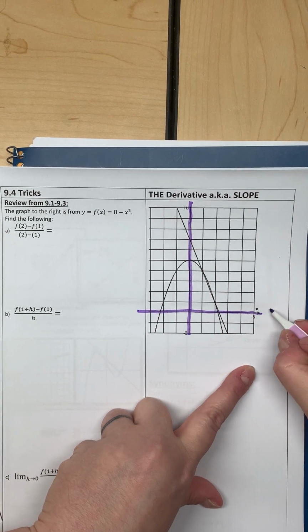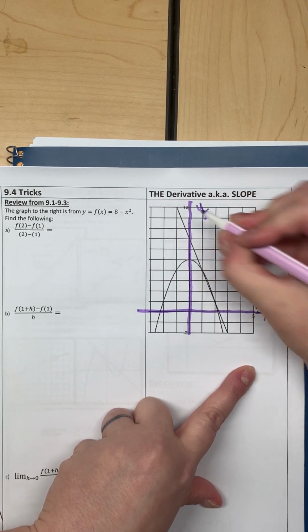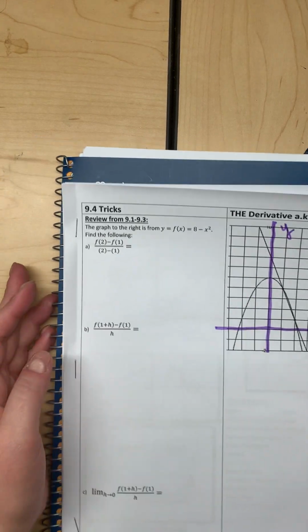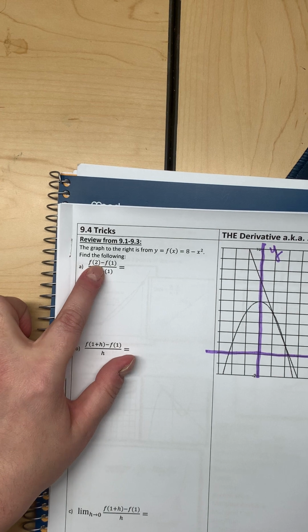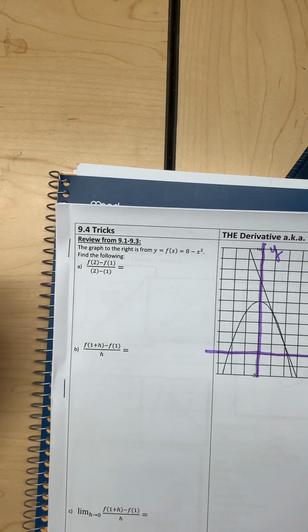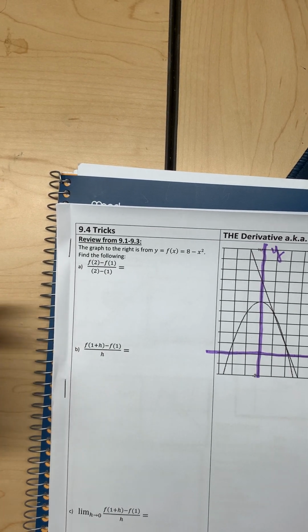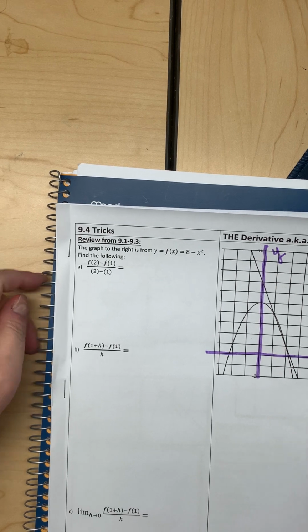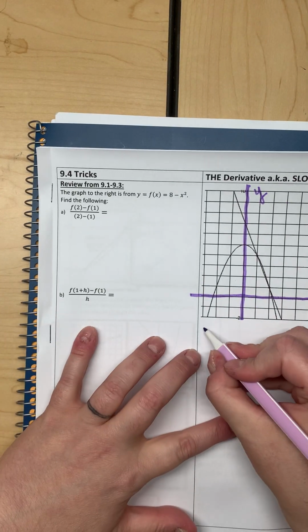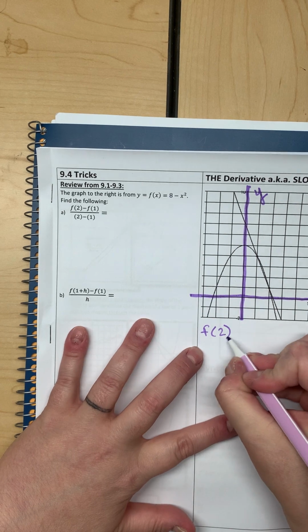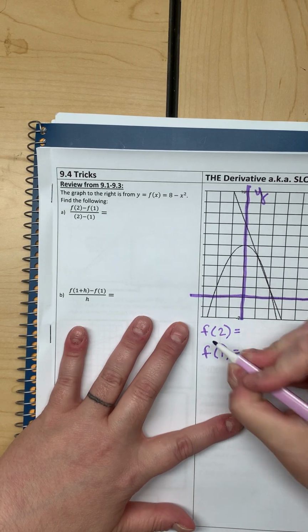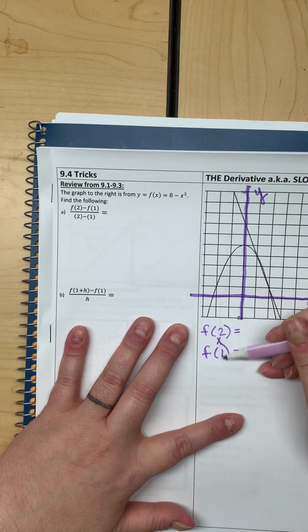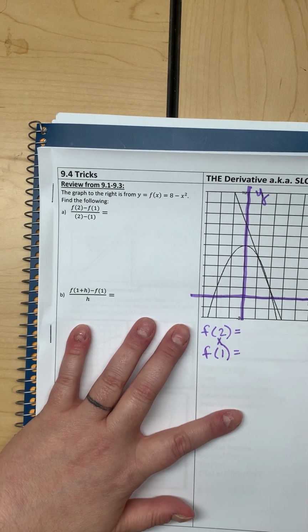Okay, so now that we have this labeled, it'll be easier to do this part A. So when it says f of 2, that means we look at the graph when x is 2 and we write down the y value. So that whole f of 2 thing and f of 1 from part A, that means 2 and 1 are your x values, and we want to find the y values.